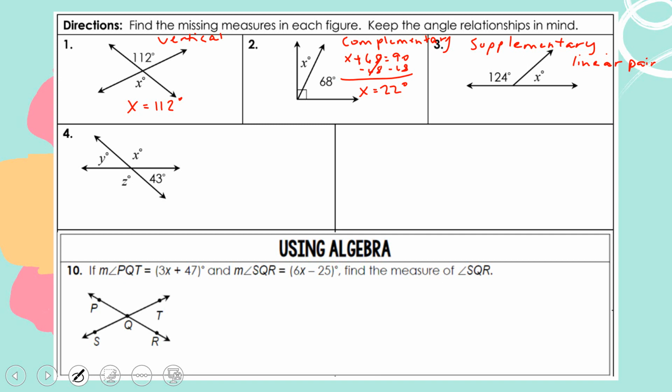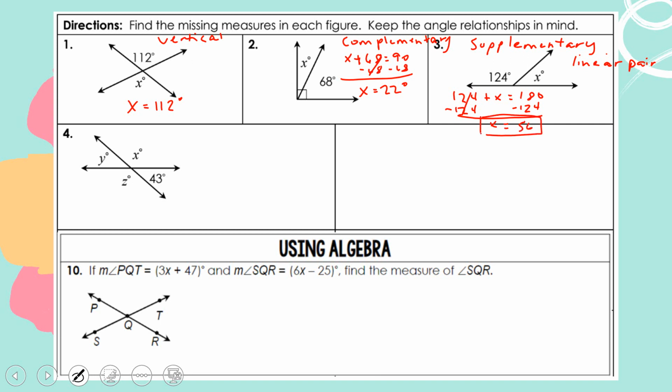There we go. Which means that they add up to 180. So we have 124 plus x equals 180. So we're going to subtract 124 from both sides. And we're going to get x equals 56.